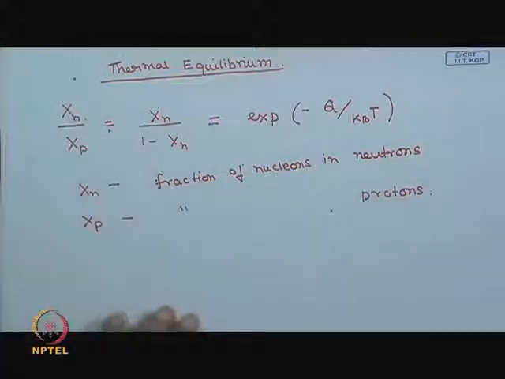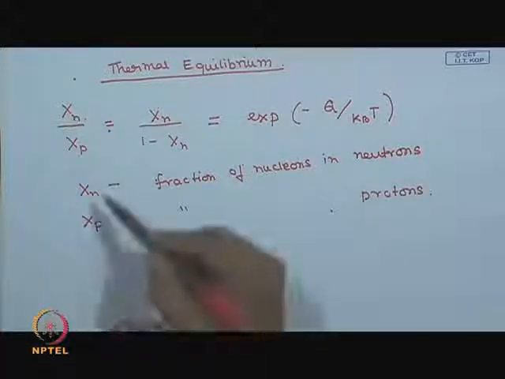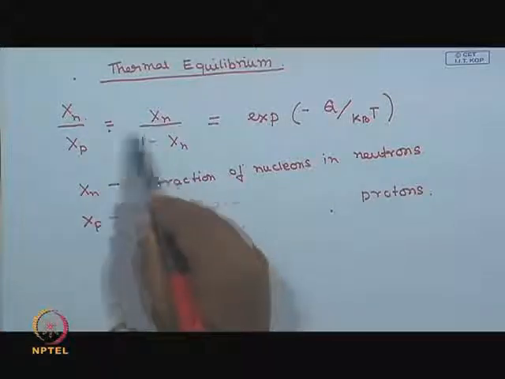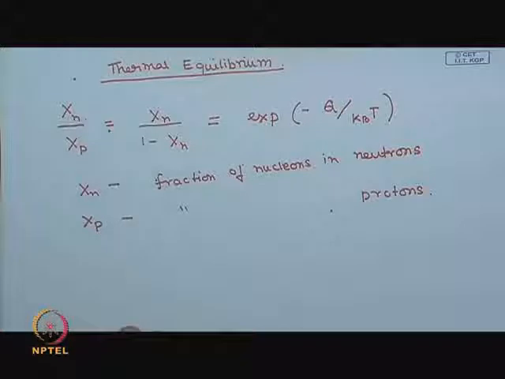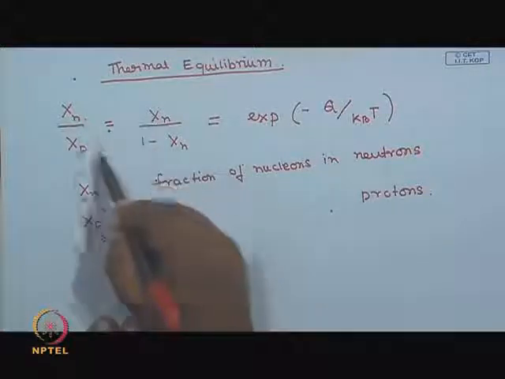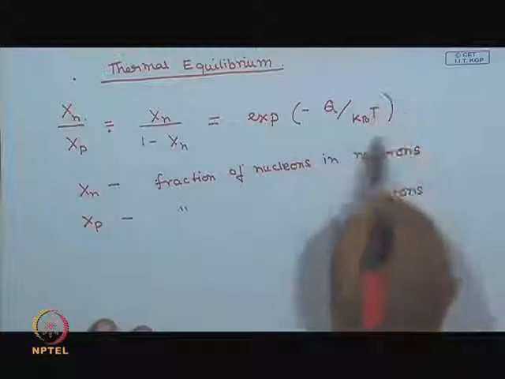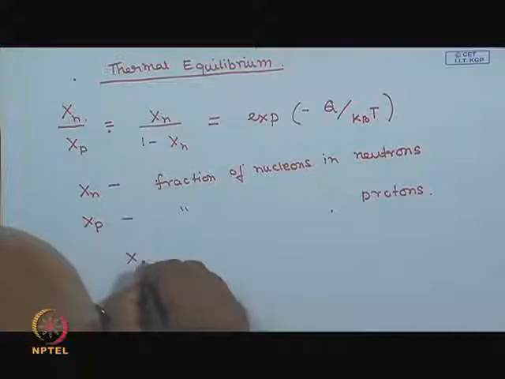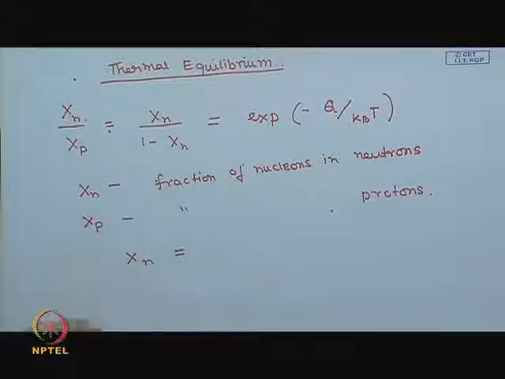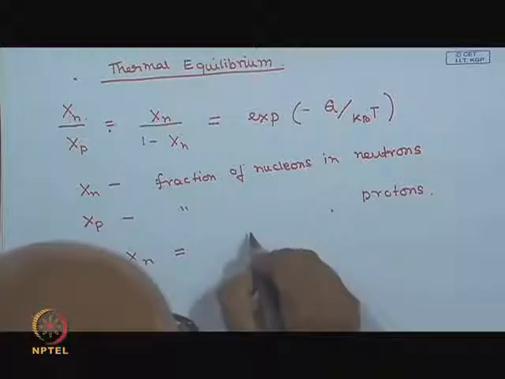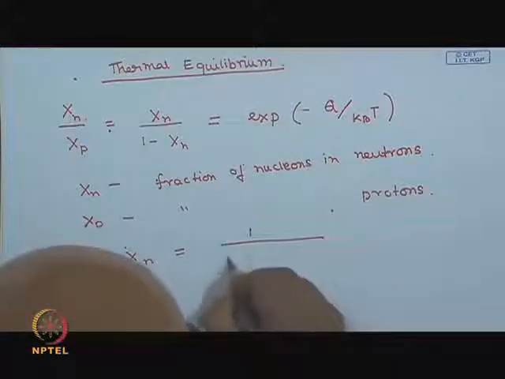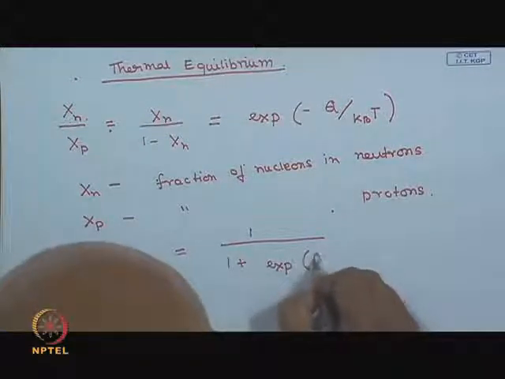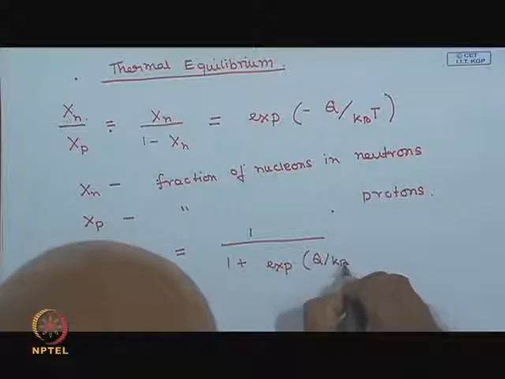At sufficiently high temperatures of the order of 10 to the power 10, these are the only two kinds of particles that we have, and the total sum is 1, which is why we can write it in this way. We can then solve this in thermal equilibrium, and it gives us that xn, the neutron fraction, is 1 by 1 plus exponential Q by kB T.